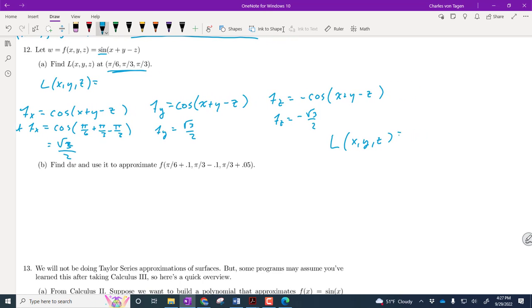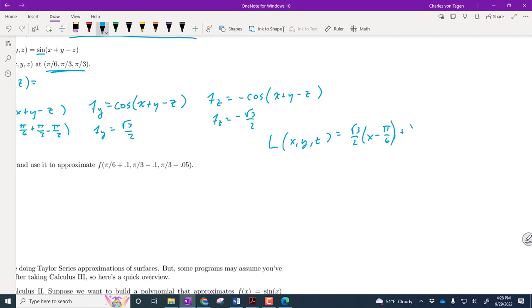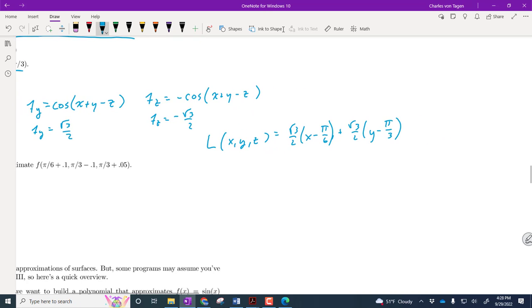And that would be the square root of 3 over 2 times x minus pi over 6, plus the square root of 3 over 2 times y minus pi over 3, minus the square root of 3 over 2 times z minus pi over 3.